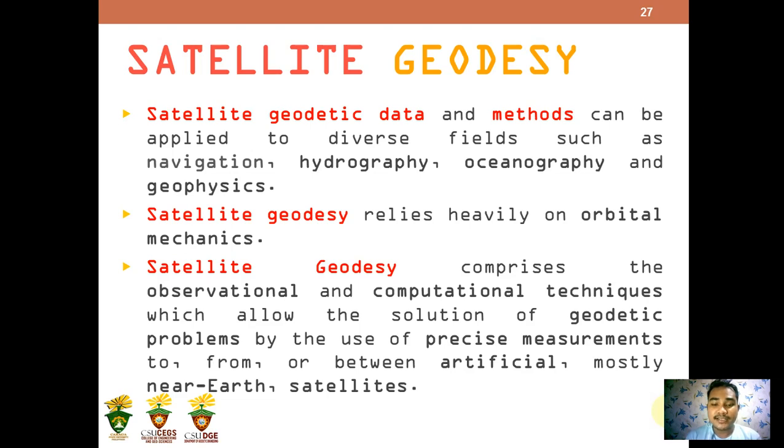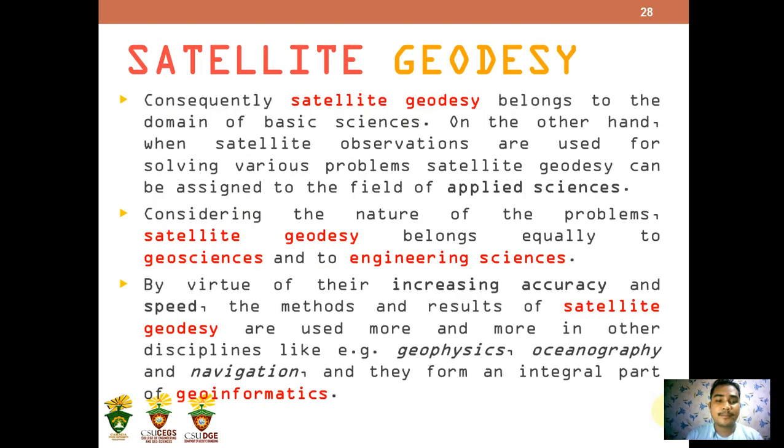And satellite geodesy comprises the observational and computational techniques which allow the solution of geodetic problems by the use of precise measurements to, from, or between the artificial, mostly near-Earth satellites. And consequently, satellite geodesy belongs to the domain of basic sciences. Si satellite geodesy daw, sulod siya sa basic sciences.